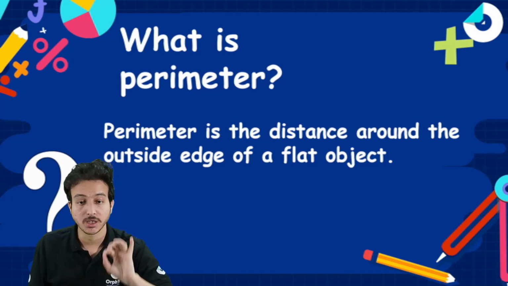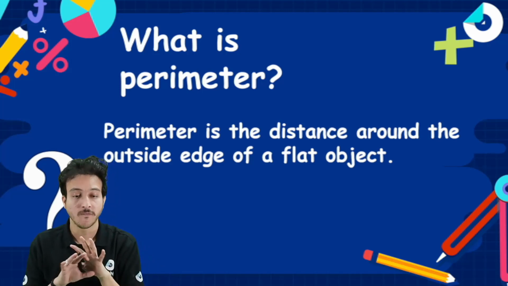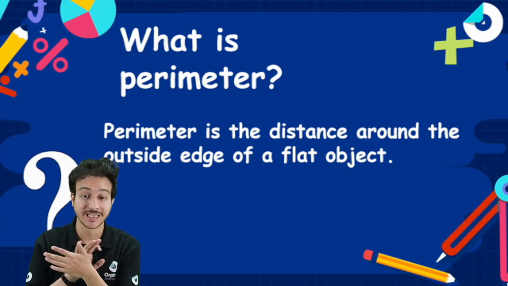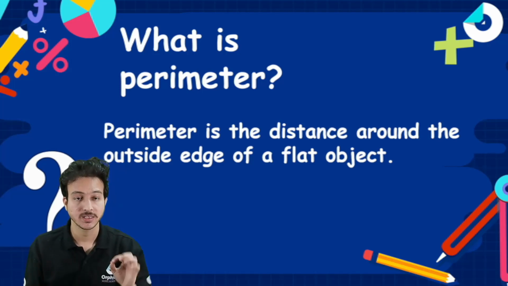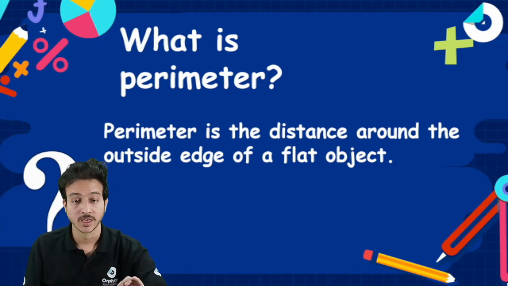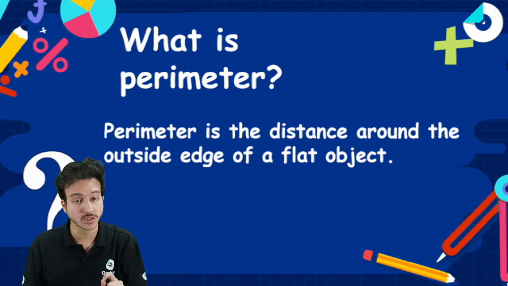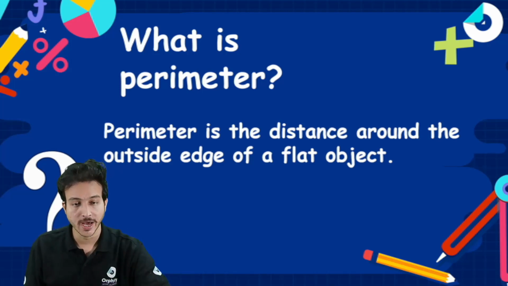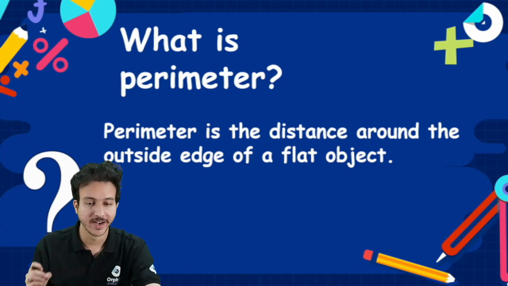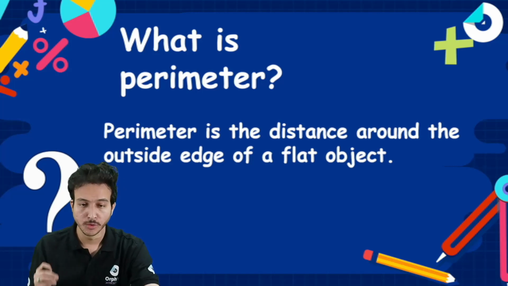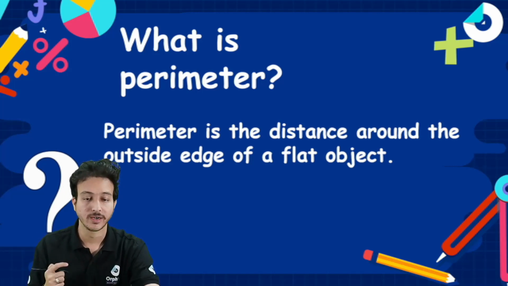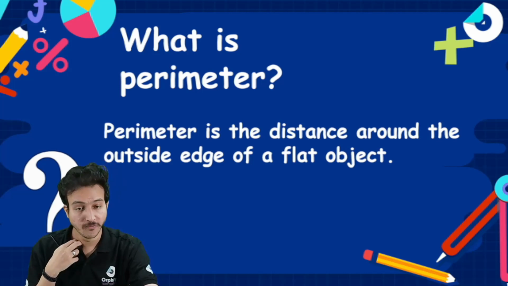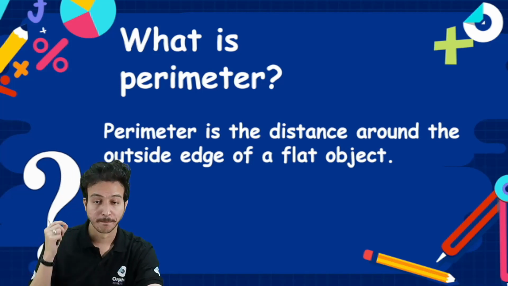That means a two-dimensional object which is flat. Flat means it doesn't have any thickness, or it doesn't have length in the third direction. It just has length in two directions, and is called a flat object. So if you find the distance around the outside edges of any flat surface, it will give you the perimeter.